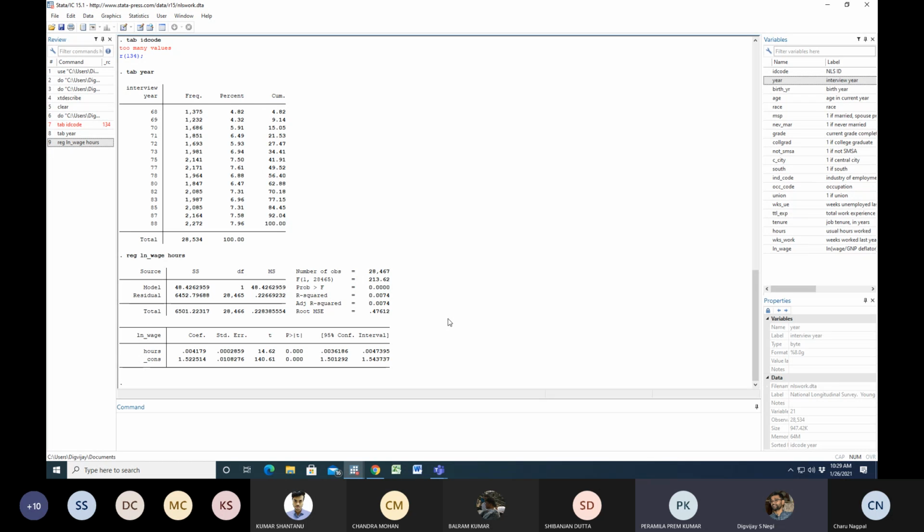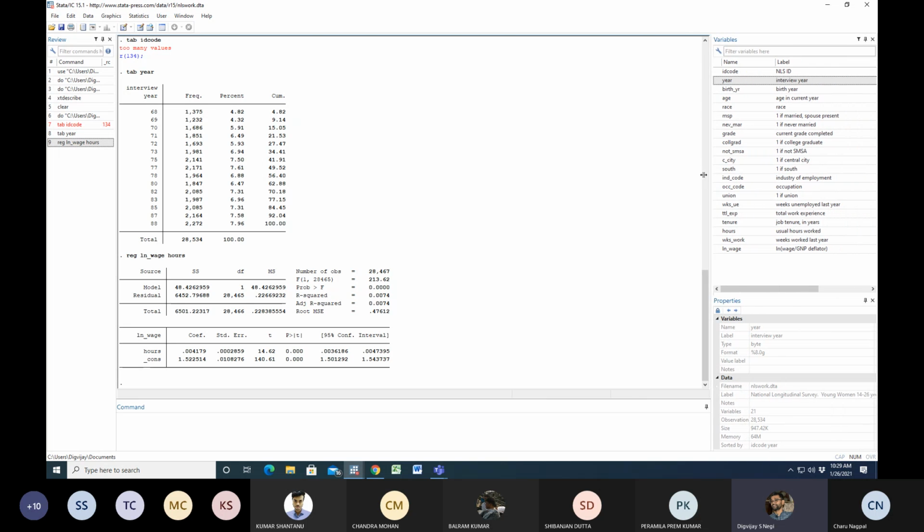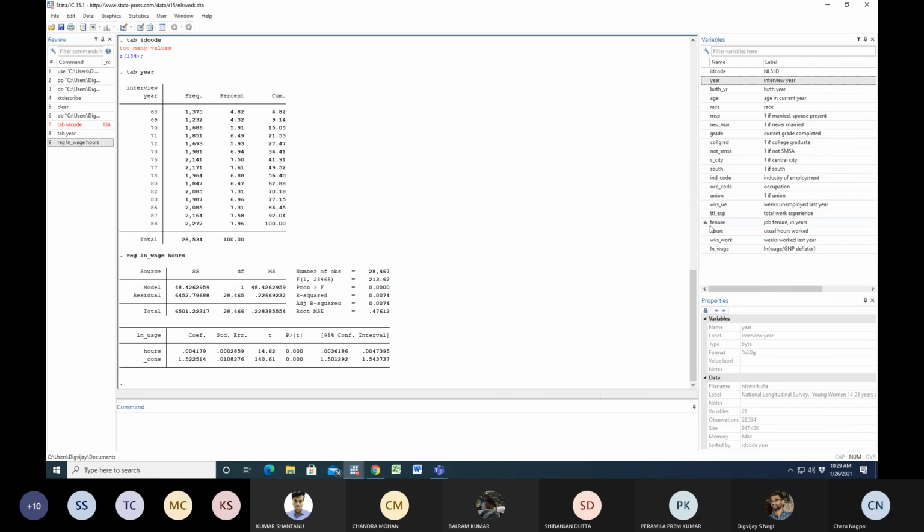The objective of this study: labor economists are interested in these kinds of things. Number of work hours denote, in a way, also a measure of efficiency.